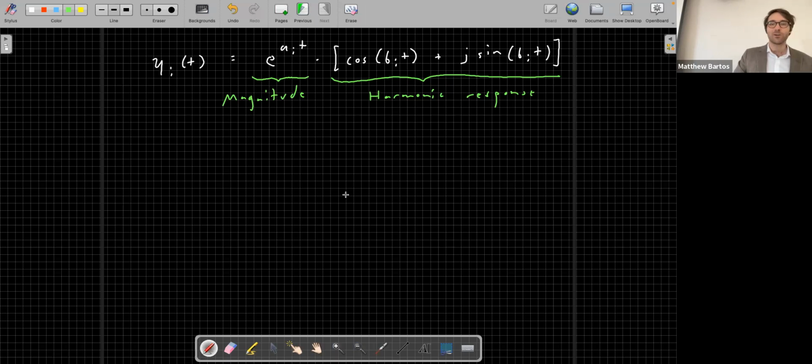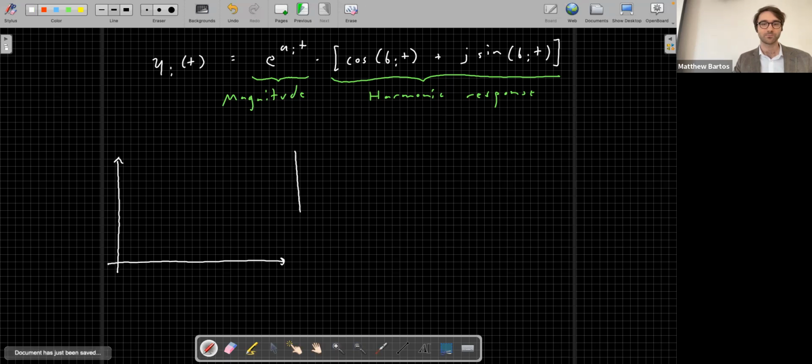Great question. Okay, so what will the response of a system like this look like? There are three different cases. Let's think about what the response will look like for these three different cases.